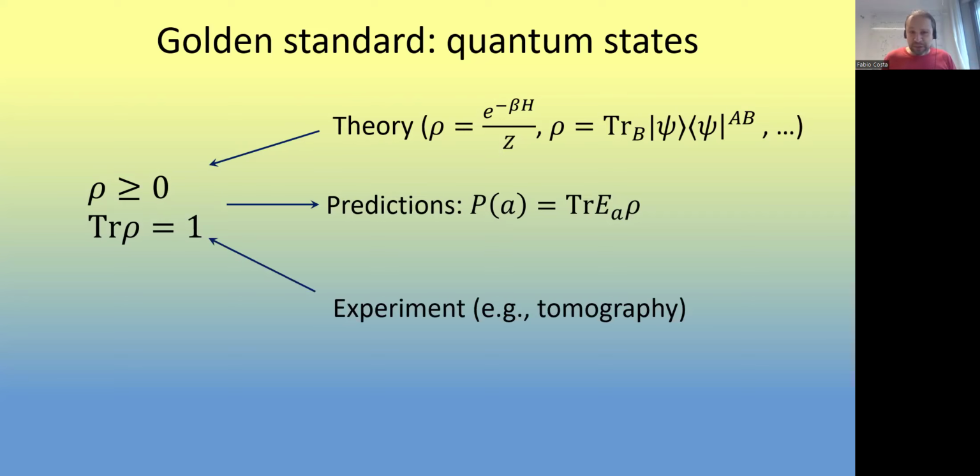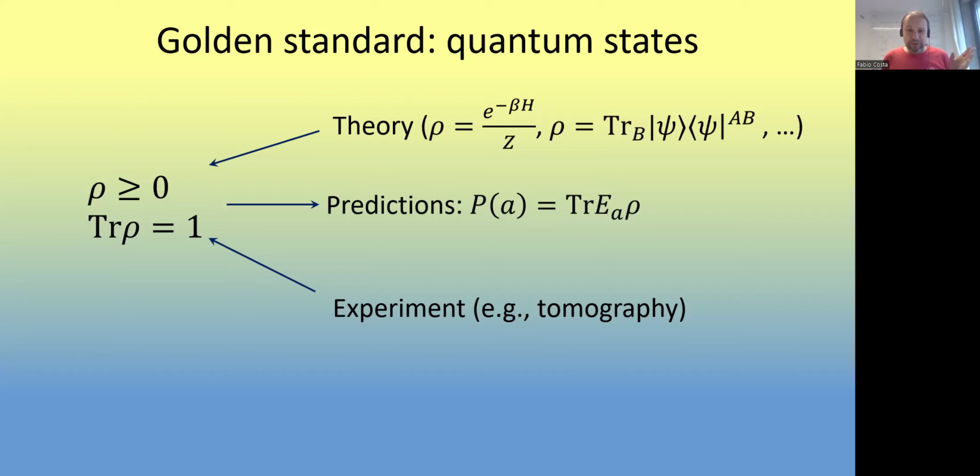However, the really important aspect is that even without knowing anything about the system, we can always reconstruct, at least in principle, the state from experiment. So the density operator has a purely empirical meaning.